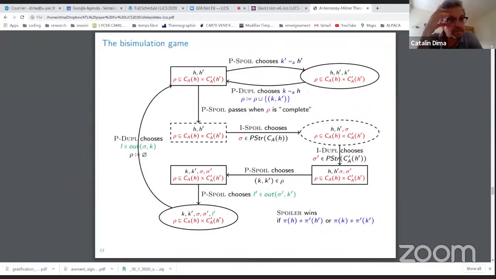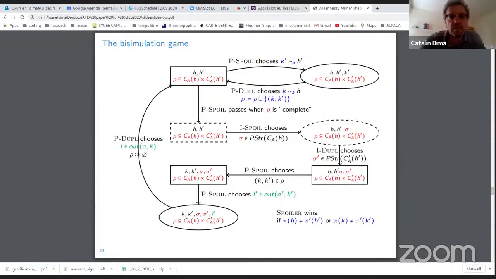The need for the imperfectly informed players comes from the need to have uniform strategies, so that the same strategy prescribes the same action for an agent in two histories which are indistinguishable.